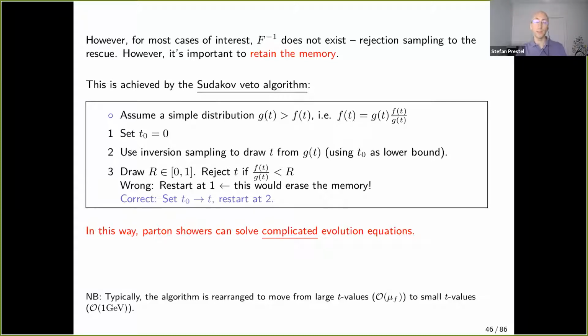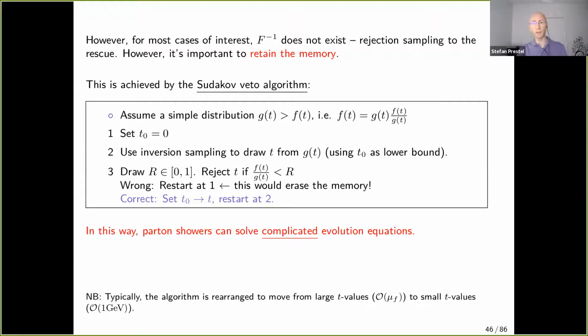In the case of a process with memory, this can't work, because then you simply forget that you've already probed a particular scale and decided there's not going to be a rejection there, and not going to be a rejection there. That would erase the memory.